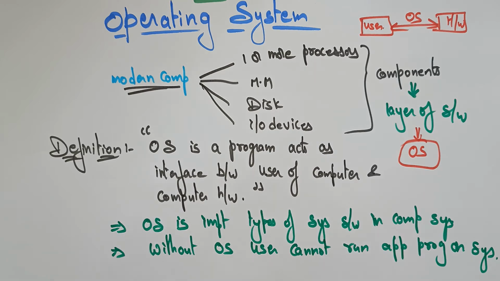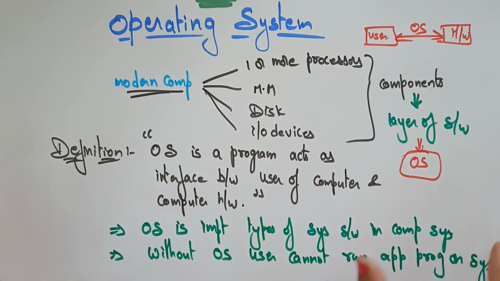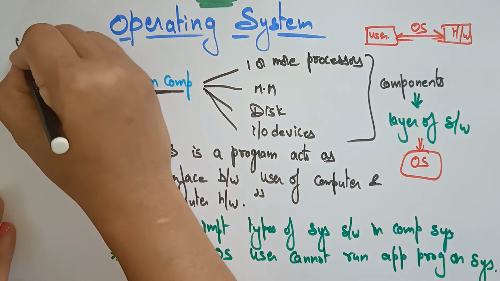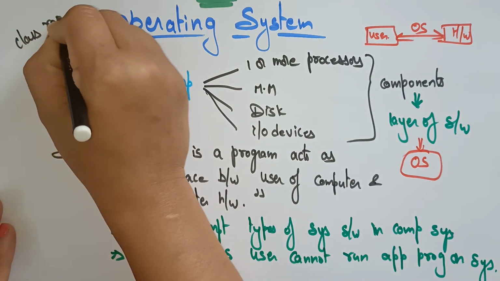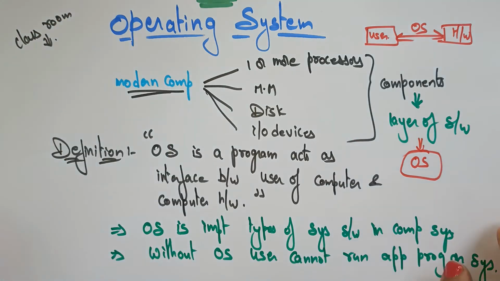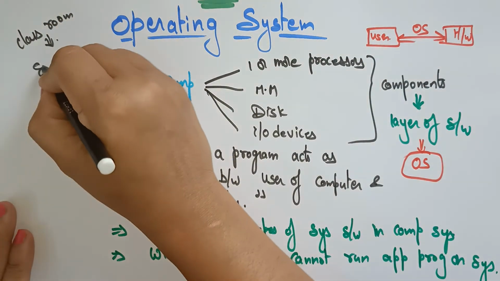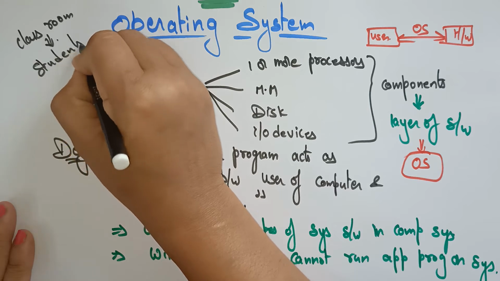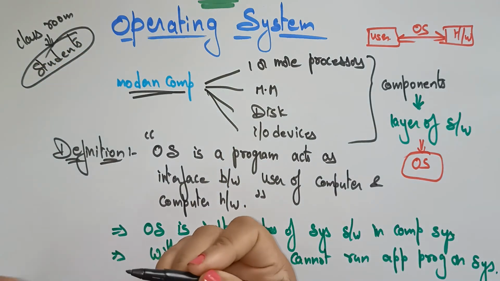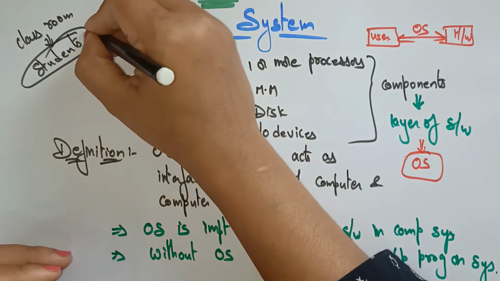I'll tell you a simple, general example about the operating system. Let me take a classroom. You are all familiar with classrooms, right? In the classroom, students will be there. The students are nothing but the components.